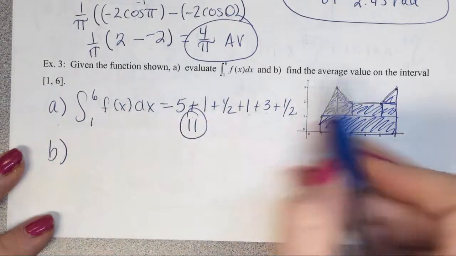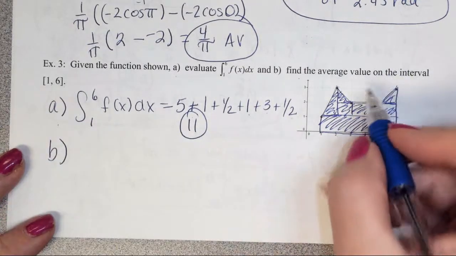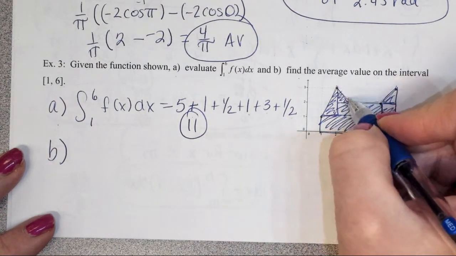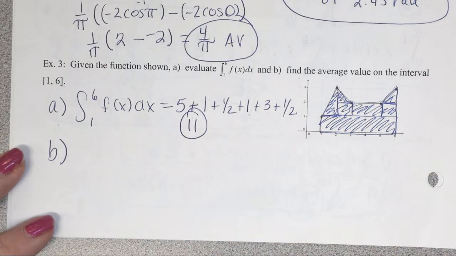Part B says find the average value on the interval from 1 to 6. So now out of all these y values, I've got to find the average one. This one really takes kind of a critical thinking skill to figure out what to do. How would I now find the average value?